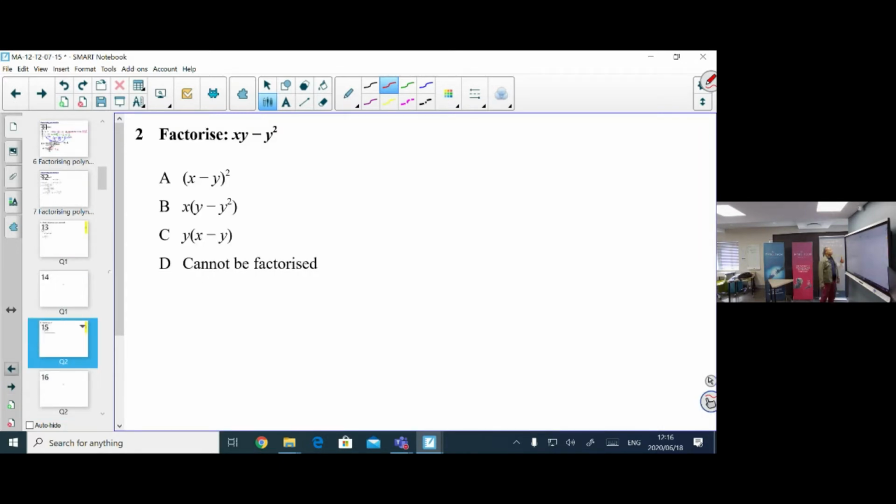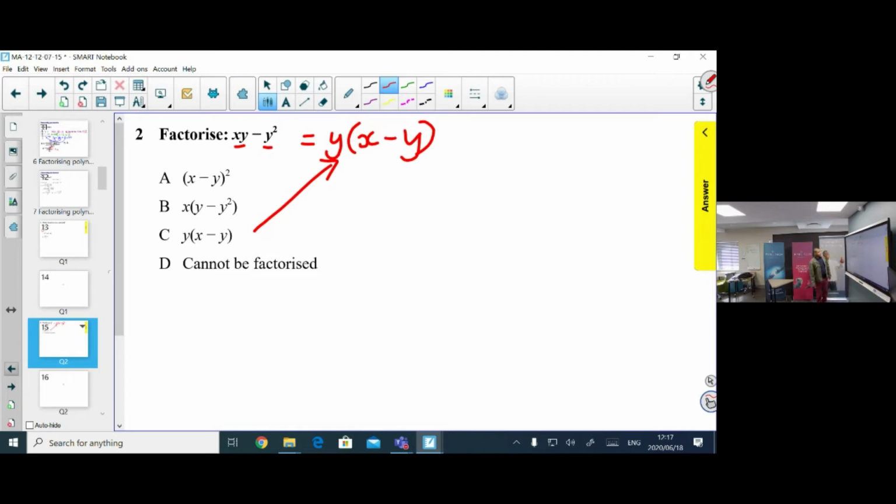If you're asked to factorize this, we said that you can simply inspect that y is common on both terms. So y outside, you remain with that in the bracket, which is your c.